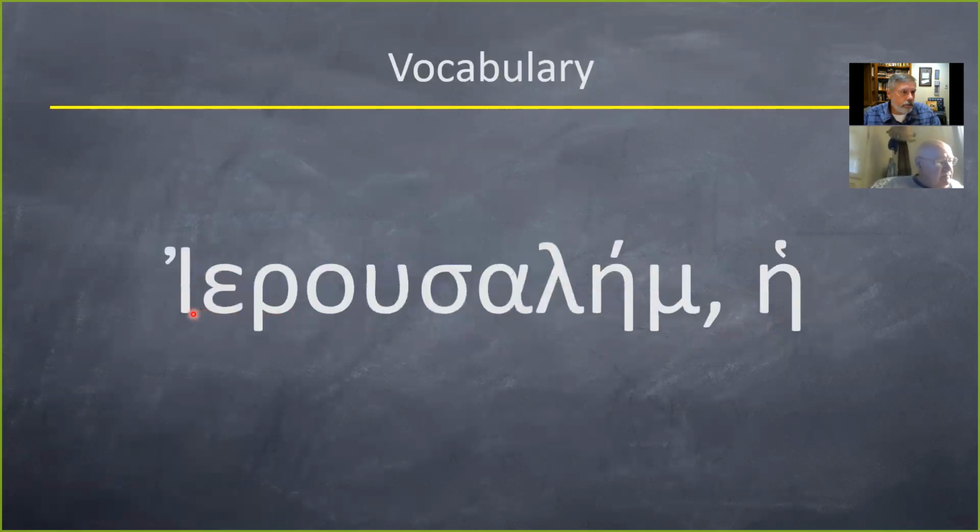Okay, and this should be recognizable. Jerusalem, Jerusalem, hē. What does that mean? Jerusalem. It's also indeclinable. Anyway.